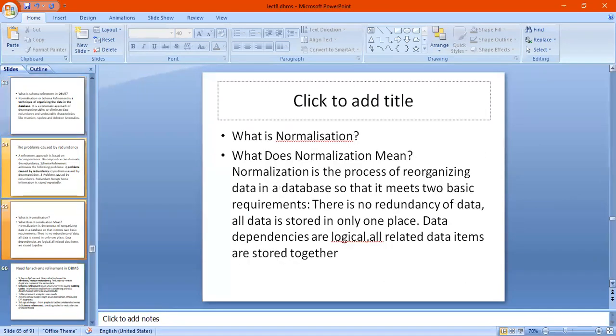So let's see what normalization is. Normalization is a process of organizing data in the database so that it meets two basic requirements. There is no redundancy of data, so all data is stored in one place. Data dependencies are logical, so related data items are stored together.